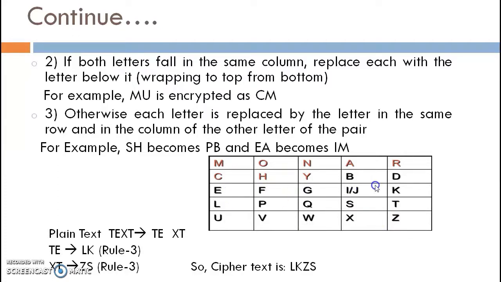Now XT: X is on the last row and T is on the fourth row. X and T are not in the same row or column, so they are replaced with ZS as per rule number 3. So the ciphertext is LK ZS.